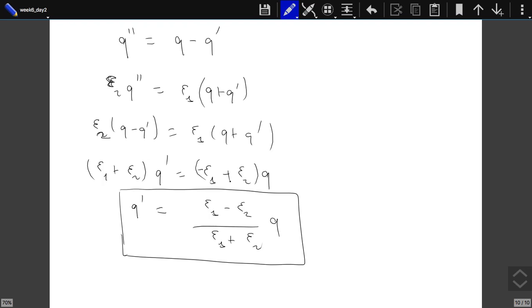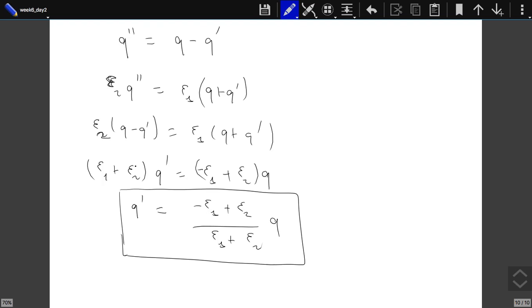Here, this is minus, this is plus. I moved Q prime. This is the correct solution. So if epsilon 1 goes to infinity, indeed Q prime is equal to minus Q.